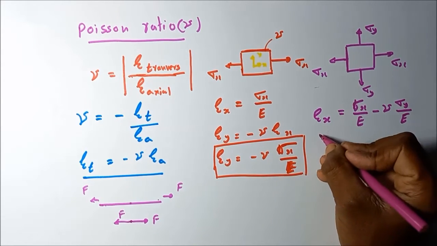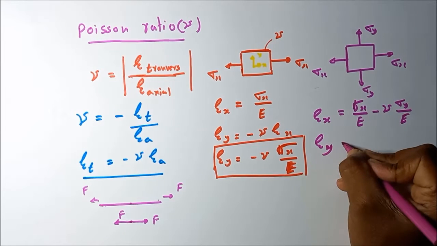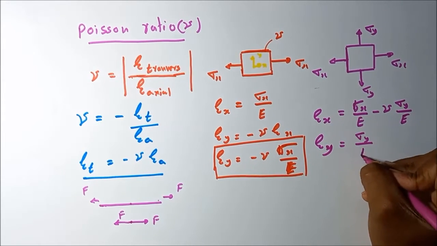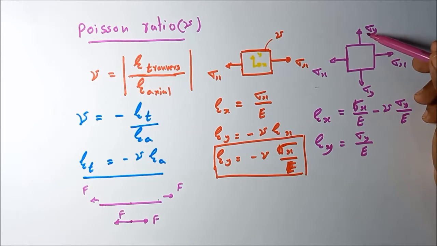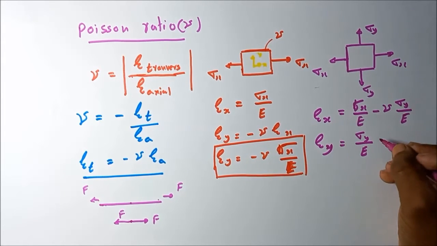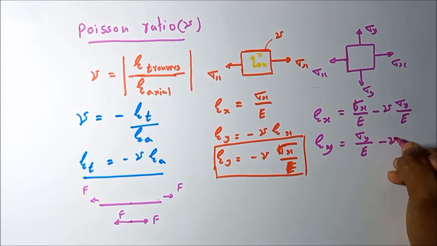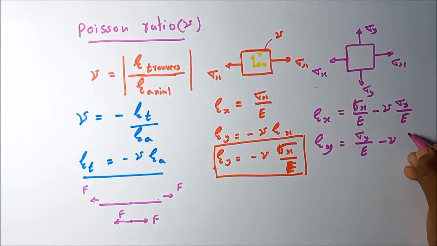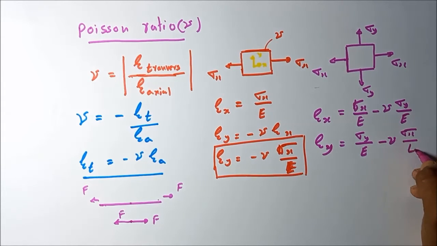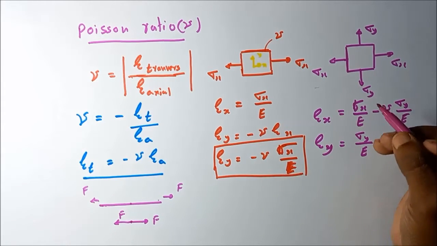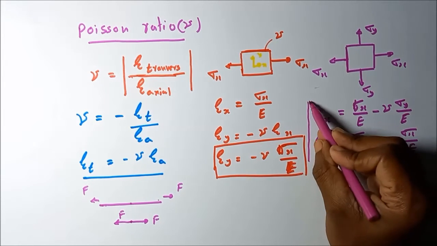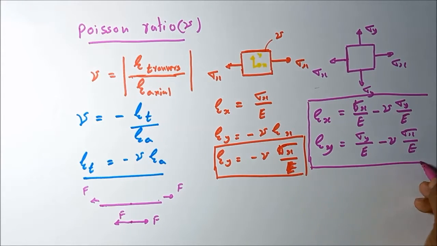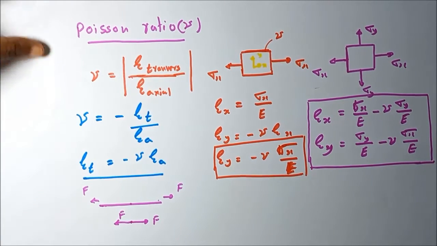Similarly, we can write the strain in y direction: sigma y divided by E, which is the stretch due to sigma y, minus the contraction due to the transverse stress, nu sigma x divided by E. This is how we write the Poisson effect equations for the biaxial stress system.